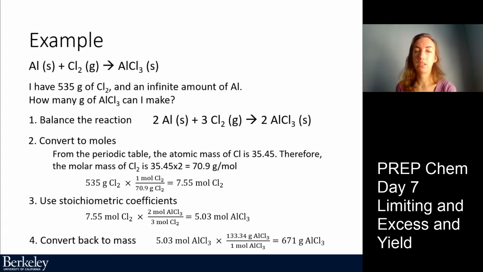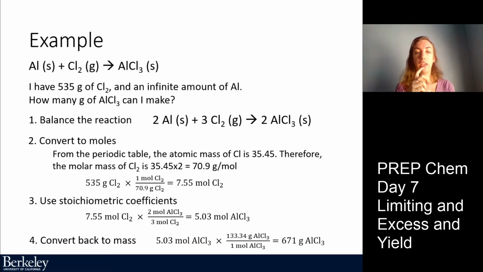Oh, can you explain step 3? So in step 3, I'm using my stoichiometric coefficients as a ratio of how many moles of different species I need. So what my stoichiometric coefficients mean is that whenever I use up 2 moles of aluminum and 3 moles of chlorine, I make 2 moles of AlCl3.